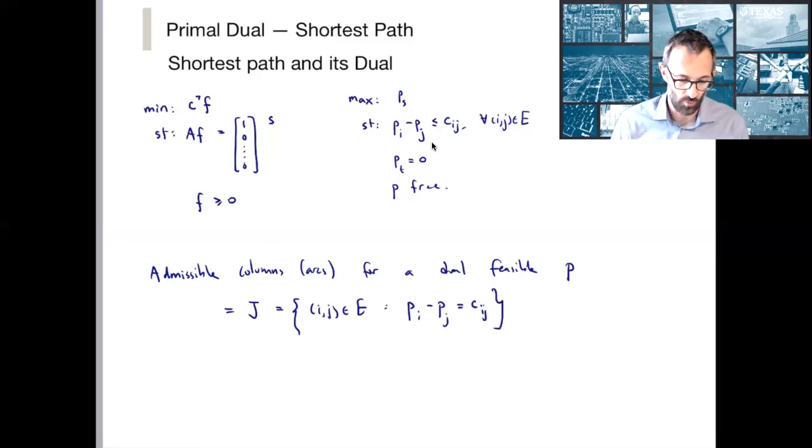So this is where we're starting from. So now we've got the primal, we have the dual, we know what J is. Let's write the restricted primal and the restricted dual.